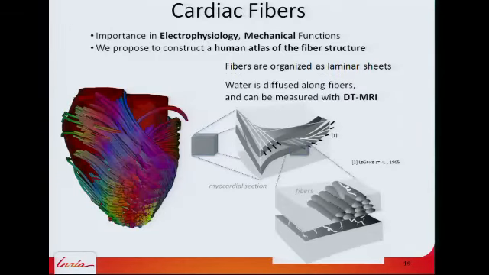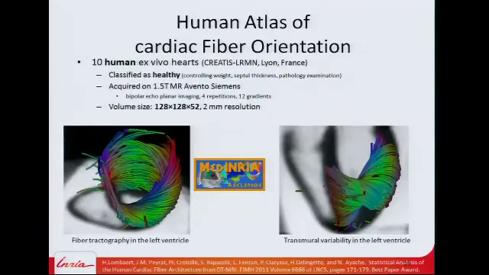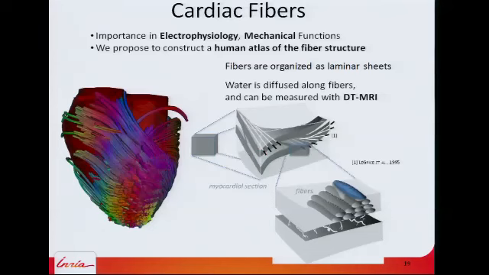An important part is the fact that the heart is a muscle, and therefore it has cardiac fibers, which actually act both in the electrophysiology and the mechanical function. Actually, this was known for a long time, but now we have a new technique which is called diffusion tensor MRI, which allows us to have an insight into the microstructure of the heart.